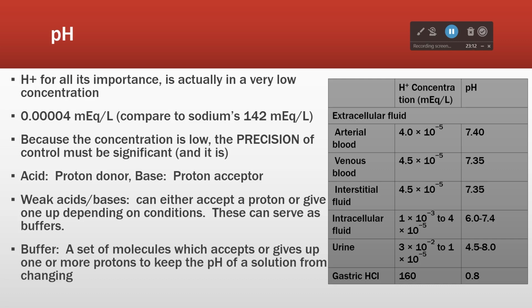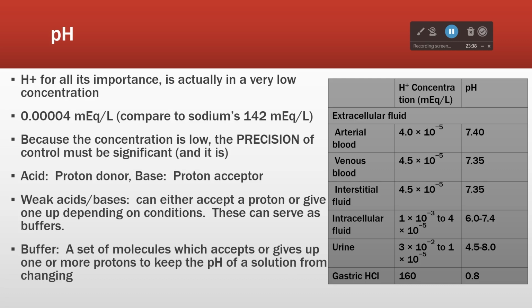So weak acids and bases can be paired together to form what are called buffer systems. This is where we have multiple molecules that, because of how they give up or accept a proton, tend to keep pH stable even as we add acid or add base, right?